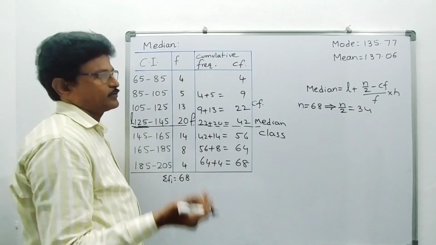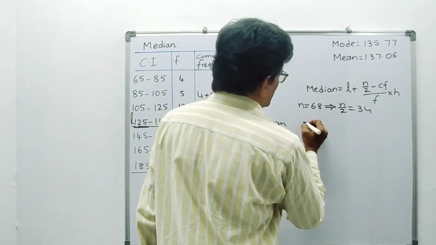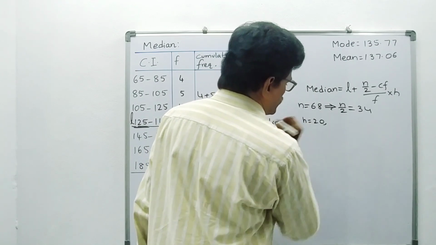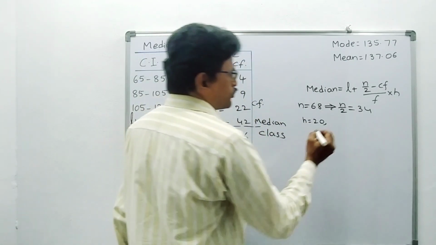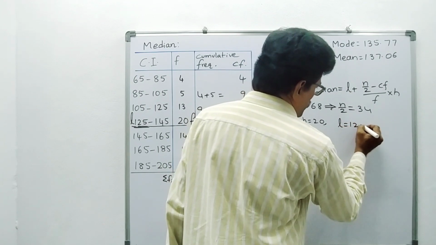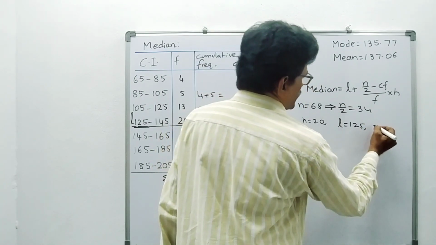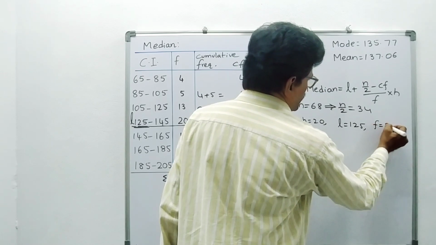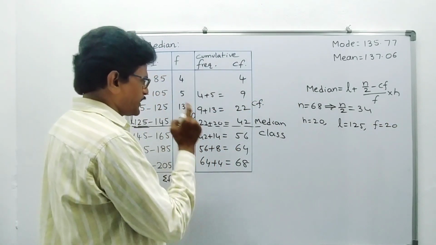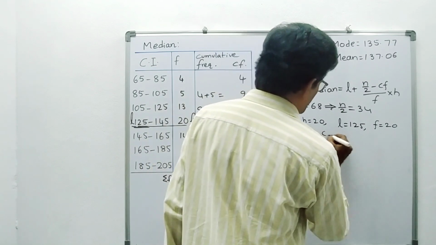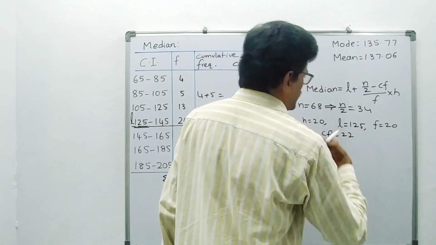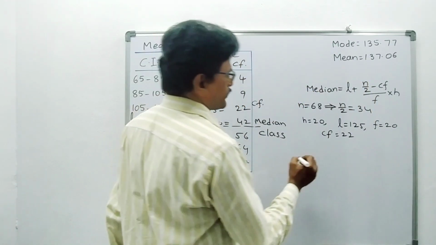It is 20. Right? In this case, H is 20. Okay? And L is how much? 125. Already N by 2, 34, is written here. Frequency is 20. Okay. Now cumulative frequency is 22. These values we have to substitute in the formula.